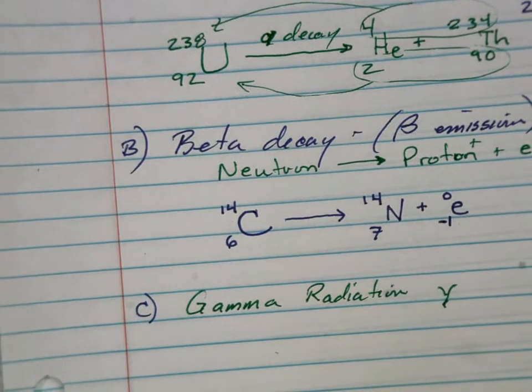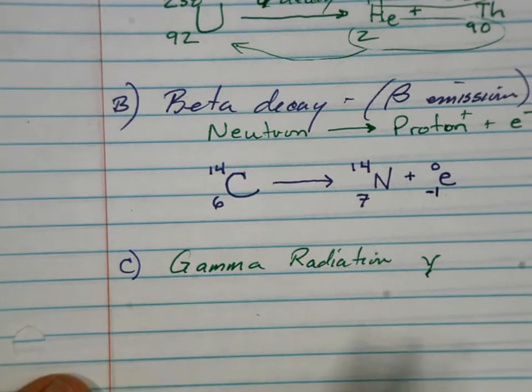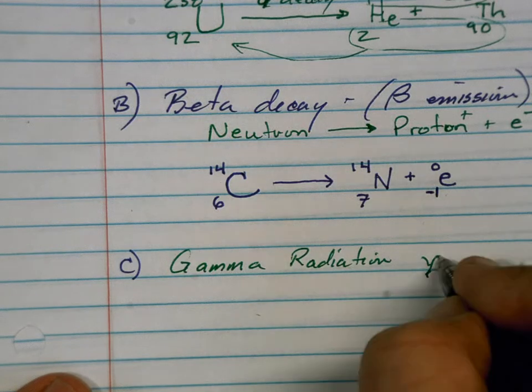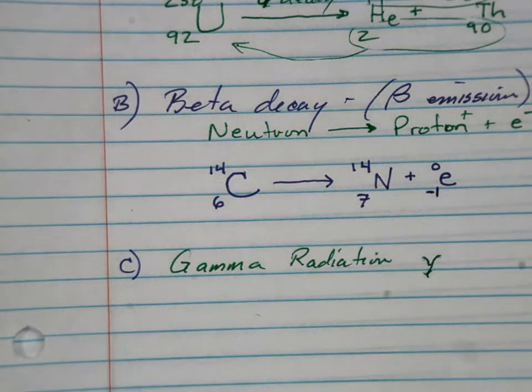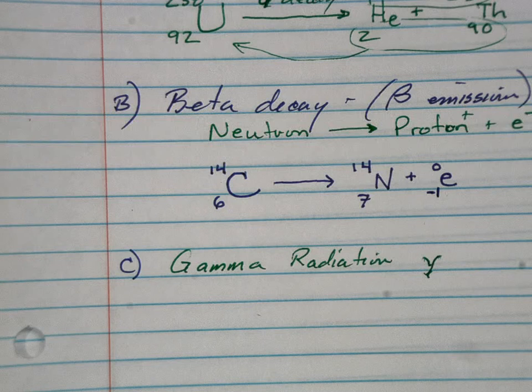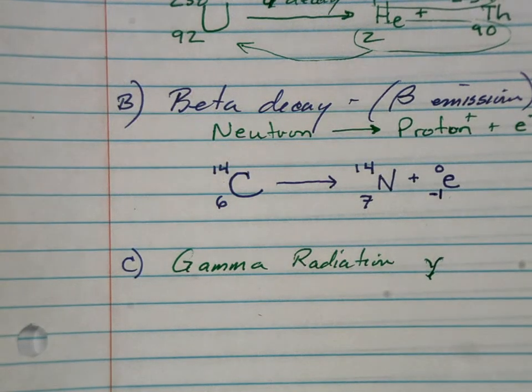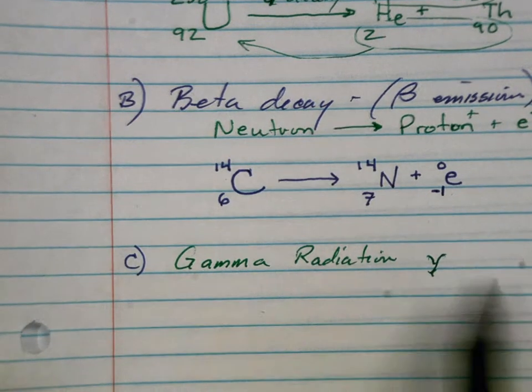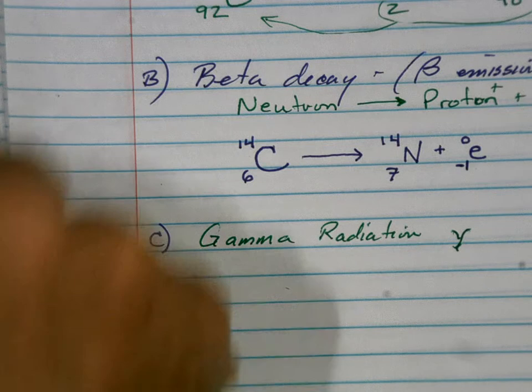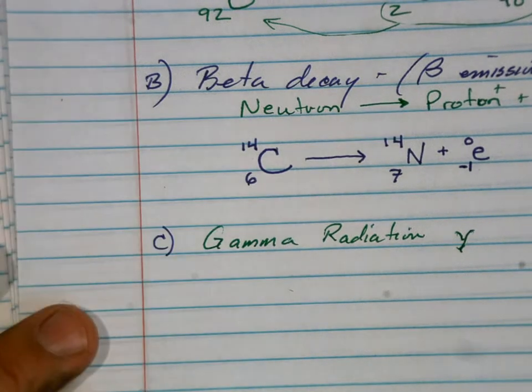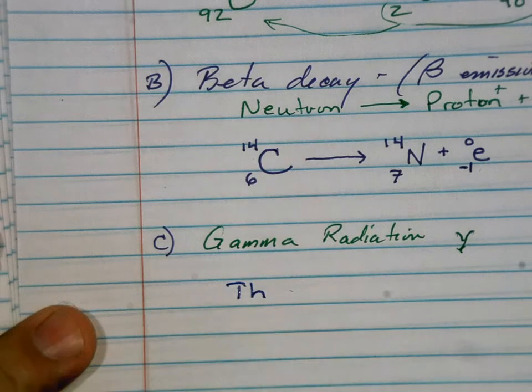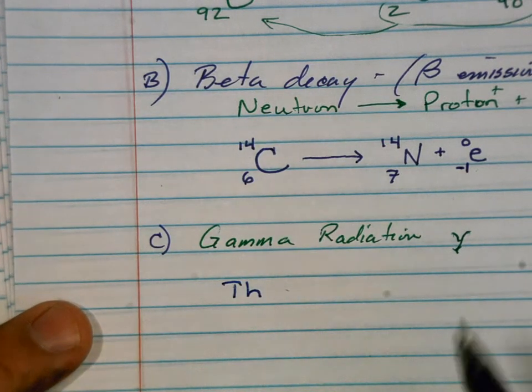Now, usually when gamma particles are produced, it's in association with something else. So we're going to get an example of an alpha decay where you're getting some gamma ray particle. We're going to start with our friend thorium, the isotope of thorium, Th. This is thorium-230.